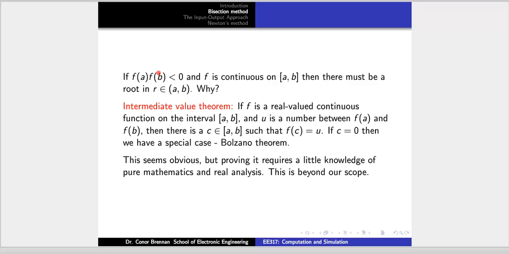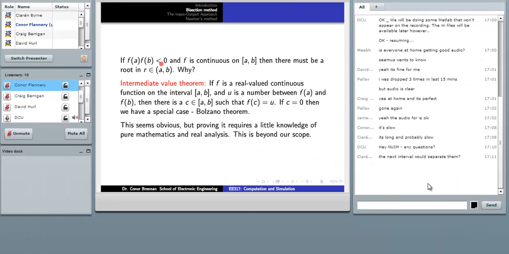In actual fact, I'm being a little bit loose there. Could somebody tell me what f of A, f of B less than 0 actually means? You're welcome to throw in a guess. So here I've said f of A, f of B less than 0 means that there is a root between A and B. In actual fact, we can loosen that a little bit more.